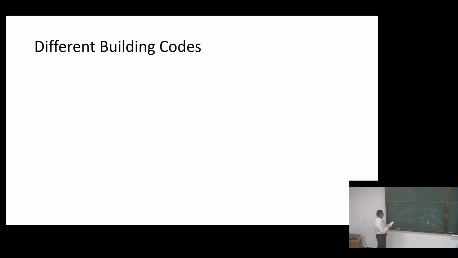So in Eurocode, essentially, they get an Fb, which is base shear, equal to Sd(T1) times m times lambda.